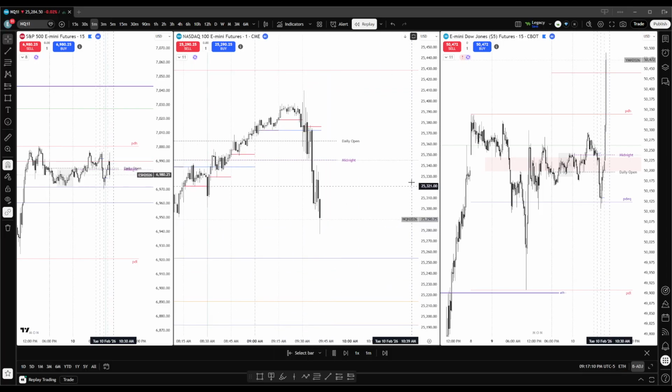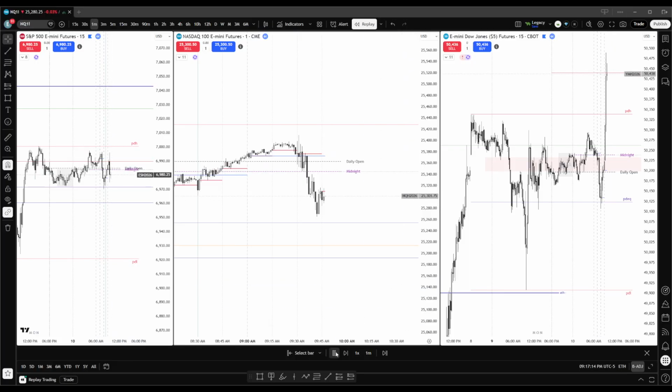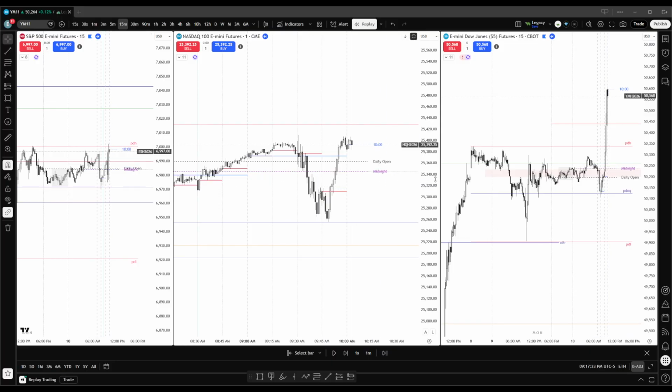I want to see what 45 does. Here's 10 o'clock. So ES takes previous day high.